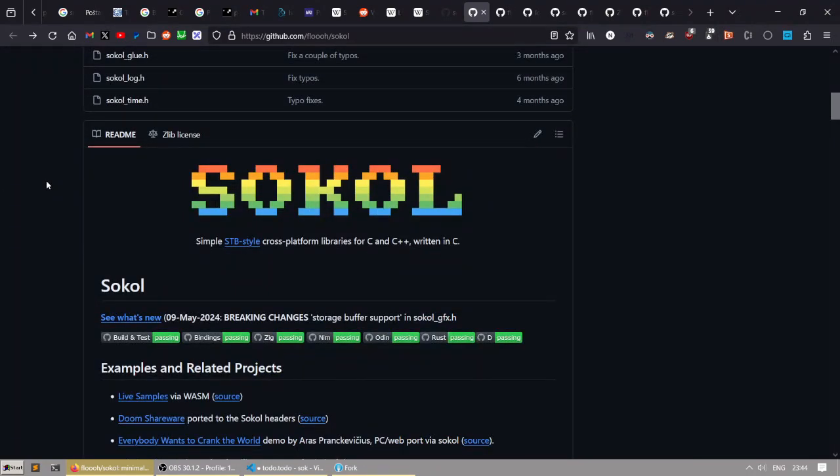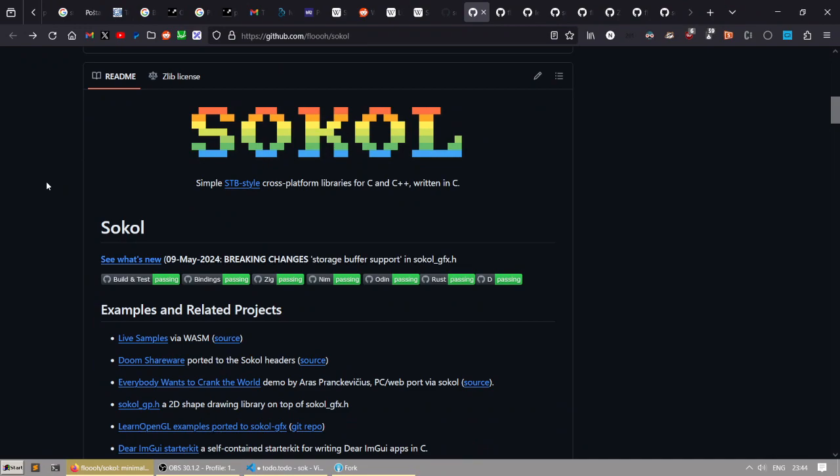And the cool thing is that it is very easy to include into your projects because it's just header only, STB style. And of course, STB is famous for STB image, the image loader that almost every game engine uses, I think, today. Made by Nothings. I forgot his name.